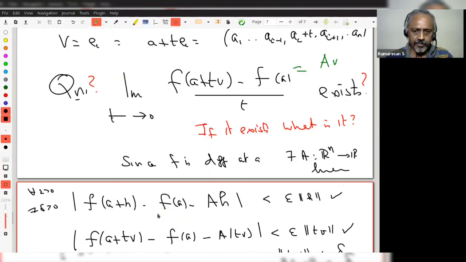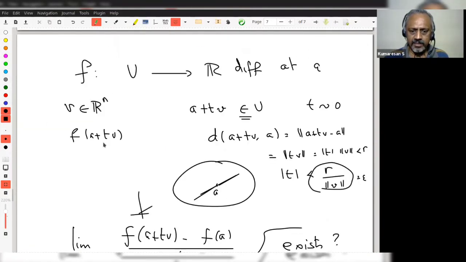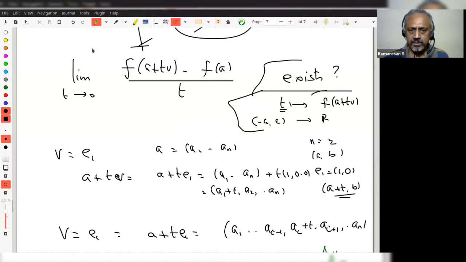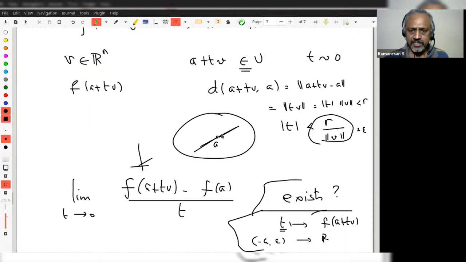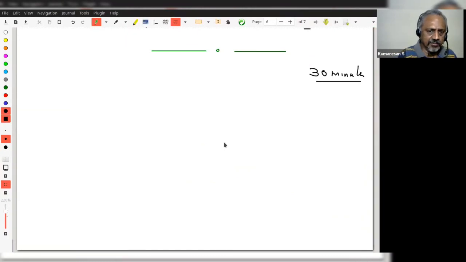Okay. So what we proved was, fix any vector v. It could be any vector in Rn. Then we showed this limit exists. So what we are doing is, as I said, this is v. Then in that direction I am going here. Therefore, I am looking at the rate of change of the function f in the direction of v at the point a. Therefore, this limit is called the directional derivative.